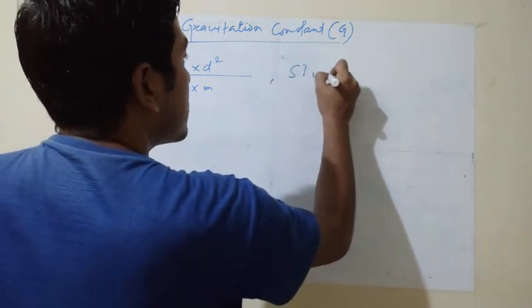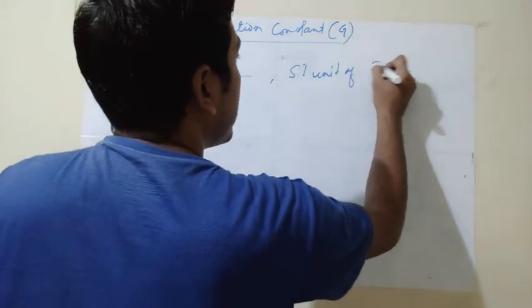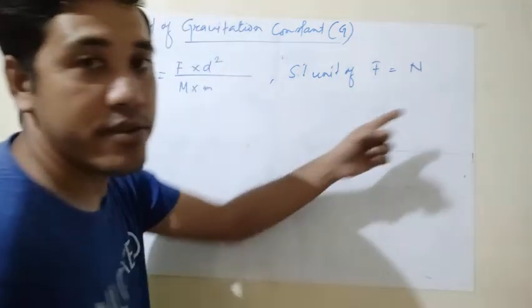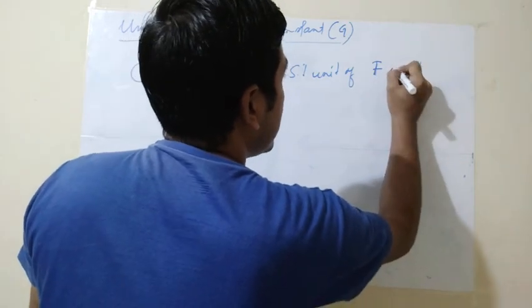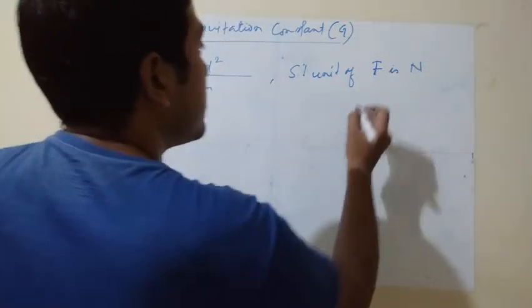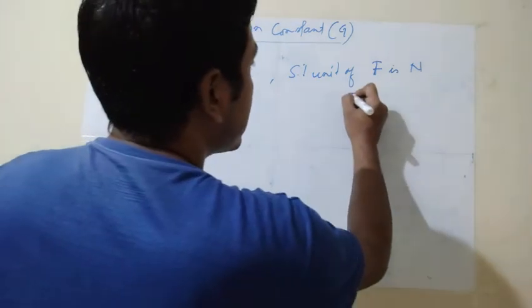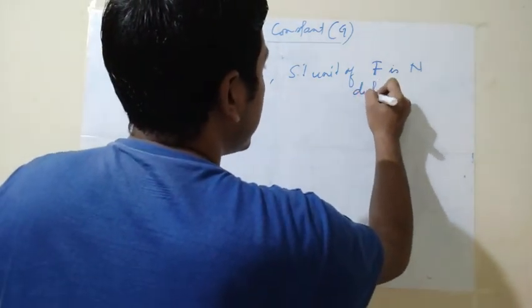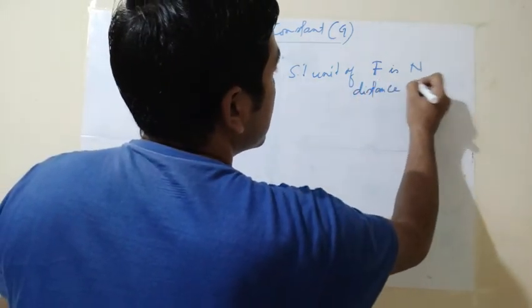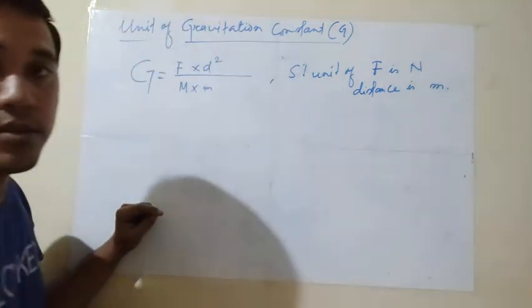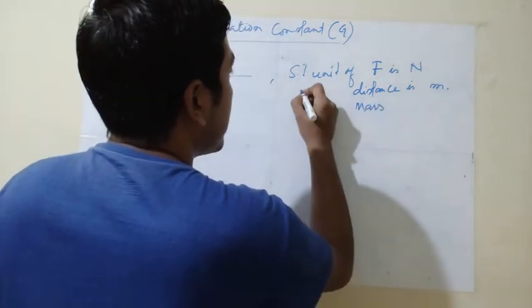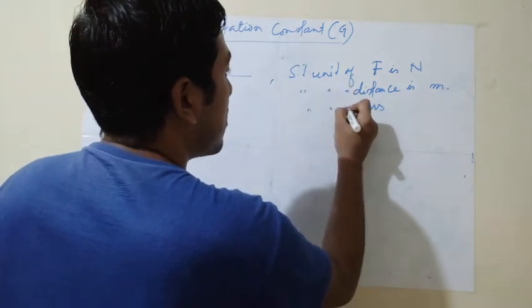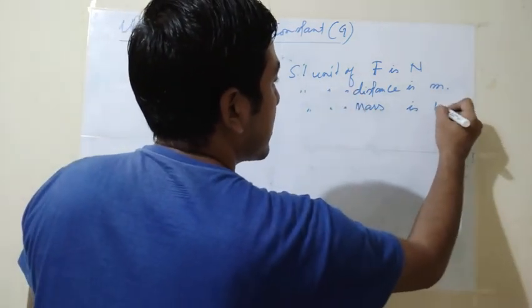Now see, the SI unit of F is Newton, right? The SI unit of force is Newton. Then the SI unit of distance is meter, right? The SI unit of mass is kg.